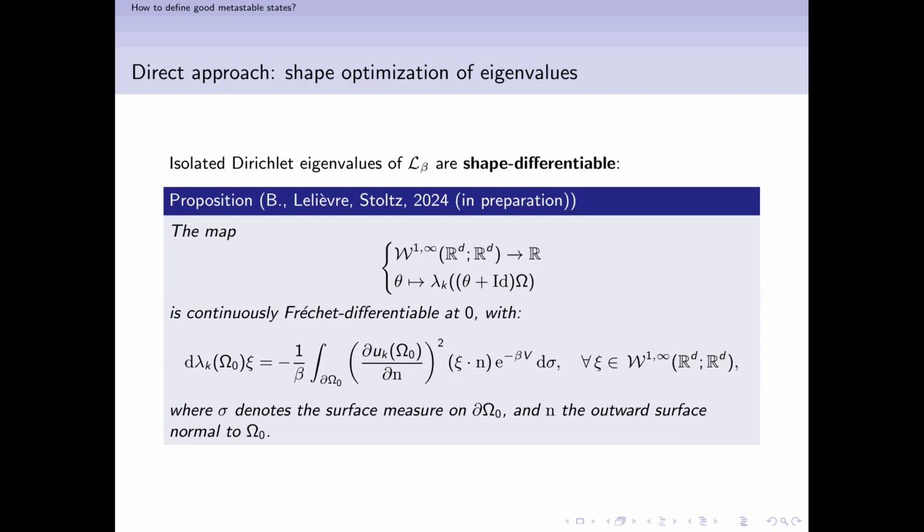You can show that this map, when theta is small, so around 0, is differentiable with respect to theta. And you get an explicit expression of the derivative of the eigenvalue, which is this formula.